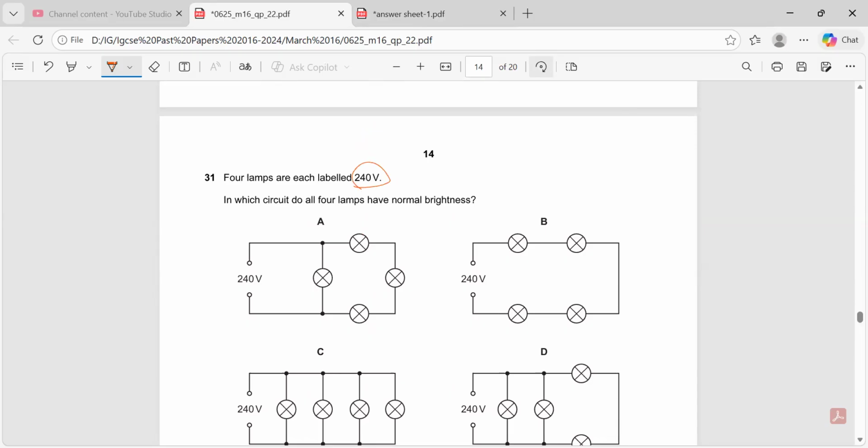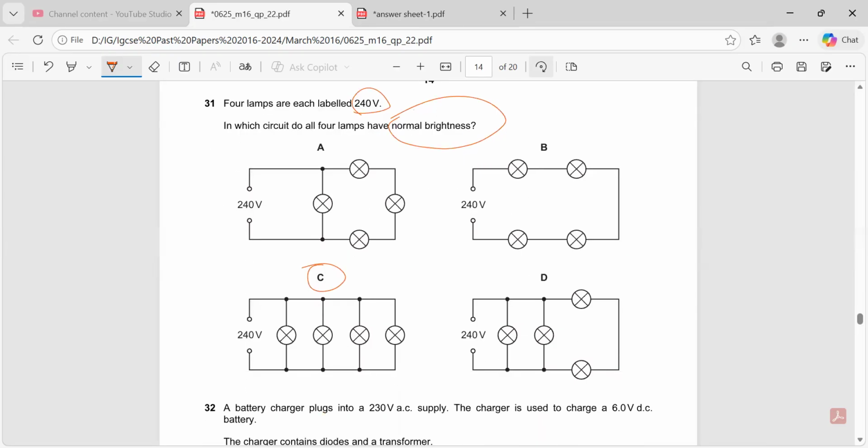In which circuit do four lamps have normal brightness? When the lamps are connected in parallel, resistance is minimum. So power delivered is maximum and their brightness will be normal. So correct answer here is simply C. Always when normal brightness or maximum brightness they are asking for, use the same battery. Dear friends, they are each labeled 240.